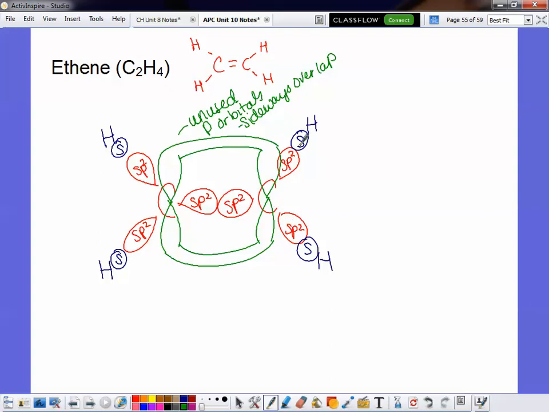The s orbital from hydrogen and the sp2, they're head-to-head overlap. Same thing with the 2 sp2 orbitals within the carbons. That's a head-to-head overlap. But then the sideways overlap, that's going to be my pi bond. And here, sigma, sigma, sigma, sigma, sigma.